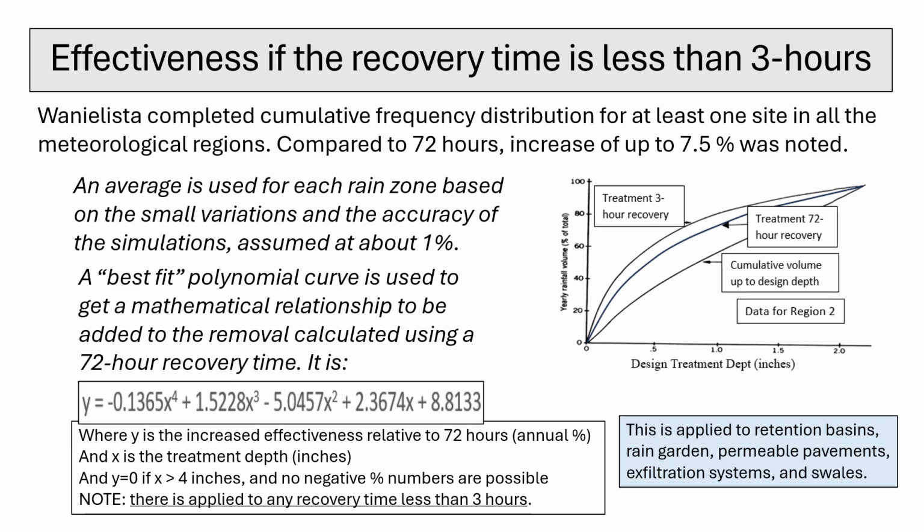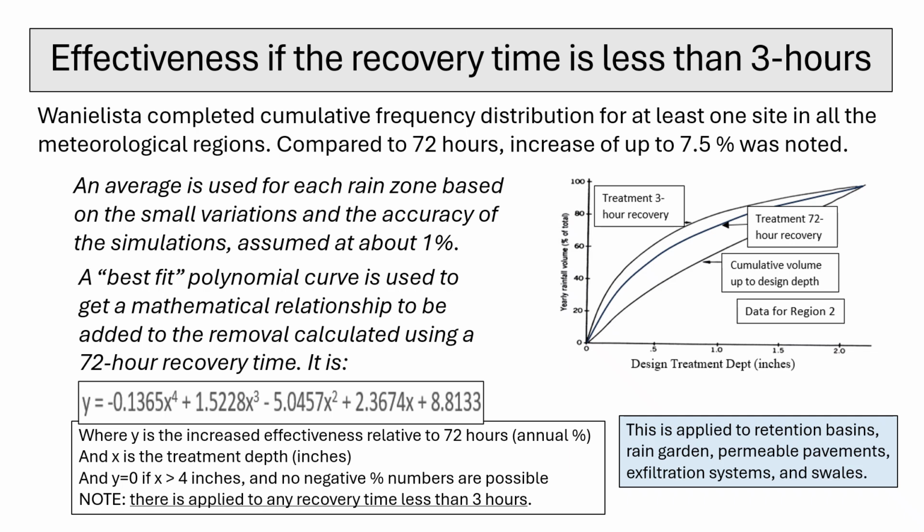This figure is based on rain frequency distributions and simulations. An average is typically used for each rain zone due to small variations, with the accuracy of these simulations assumed to be around 1%. To mathematically incorporate this increased effectiveness, a best-fit polynomial curve is employed. This curve provides a relationship to be added to the removal calculations that assume a 72-hour recovery time.